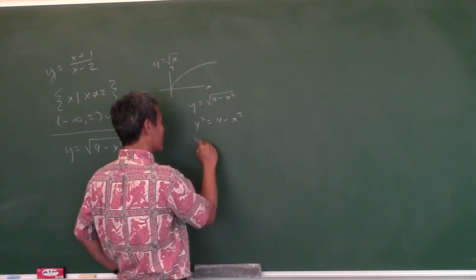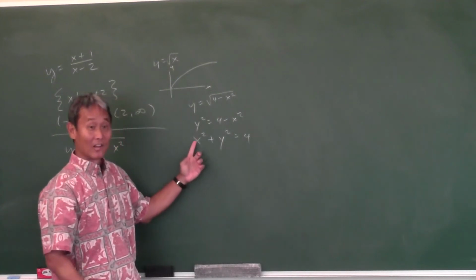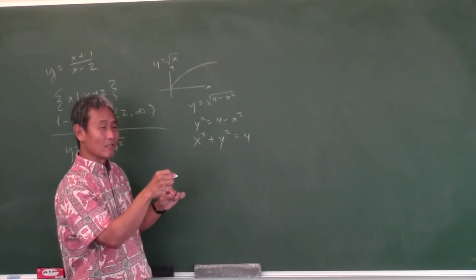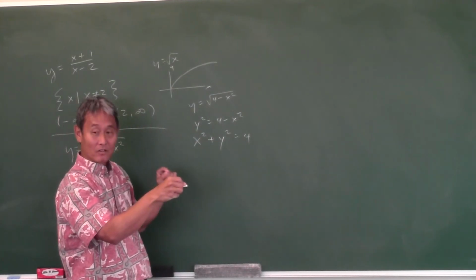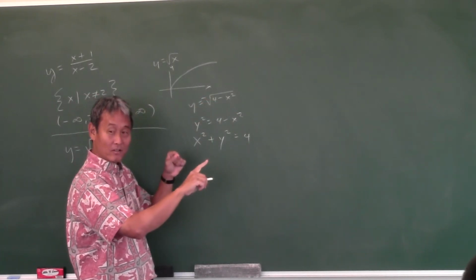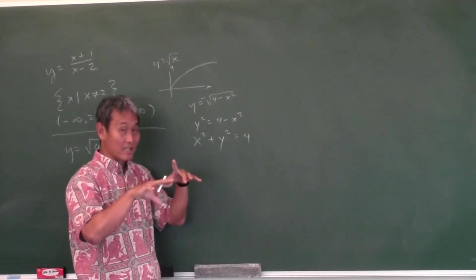Bring the x squared over to this side, so you get x squared plus y squared equals 4. Hey, that's a circle, radius 2, centered at the origin. But how come it's only a semicircle? Because it's the positive square root, so it's the upper half of the circle. If you had a minus there, then that would be the lower half of the circle. Because remember, we're only graphing functions here, right? The whole circle is not a function.